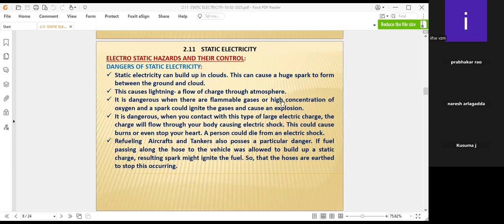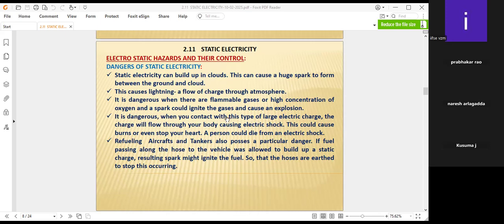So where flammable gases are handled in organizations, static electricity must be given prior importance as a safety measure, because flammable gases ignite if static electricity charges leak.